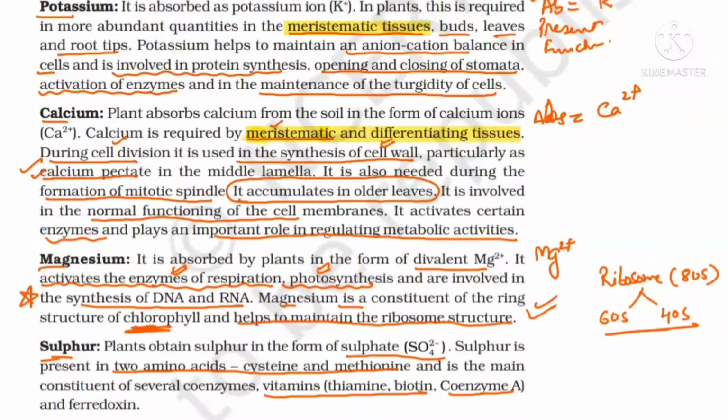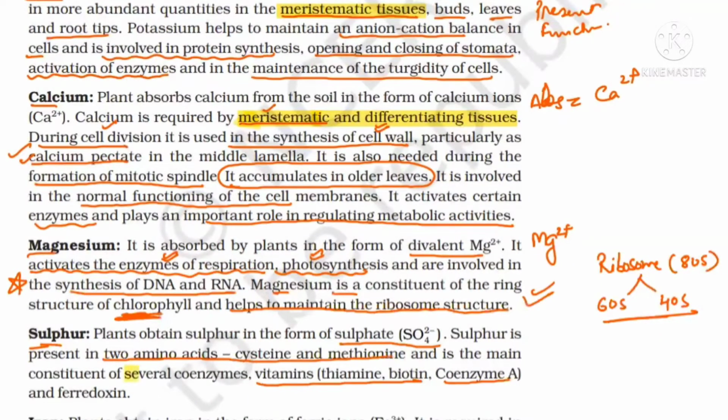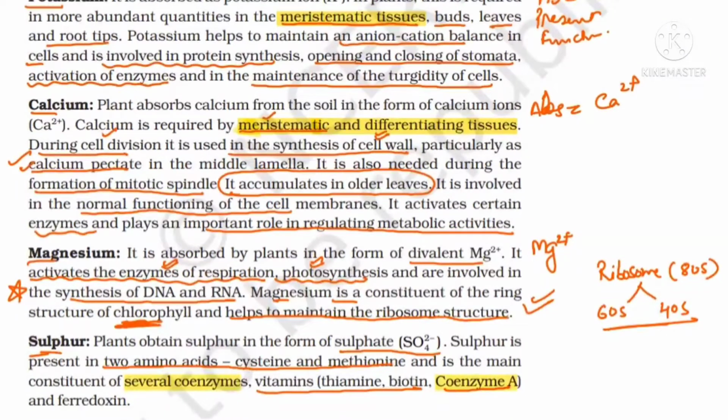So please focus the way I'm highlighting it. Coenzyme example is coenzyme A, and vitamin examples are thiamine and biotin. Apart from this, sulfur is also a constituent of pyridoxine.